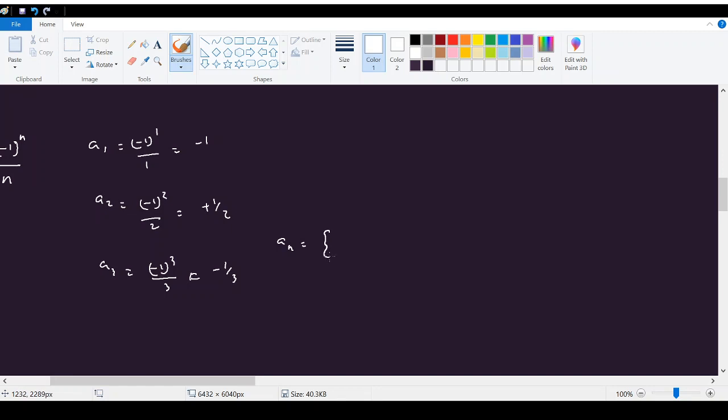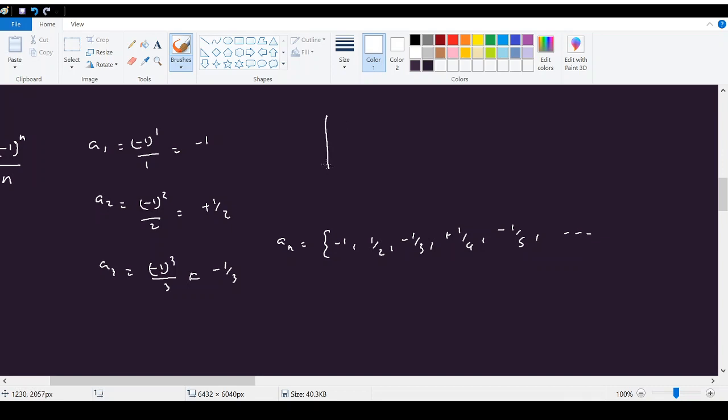Our sequence will start from -1, then 1/2, -1/3, 1/4, and so on. So see here, it's like 1 divided by 2, 1 divided by 3, 1 divided by 4, 1 divided by 5, but you have a negative term one after the other, right?